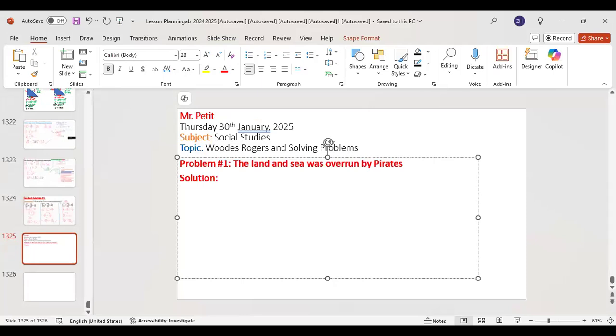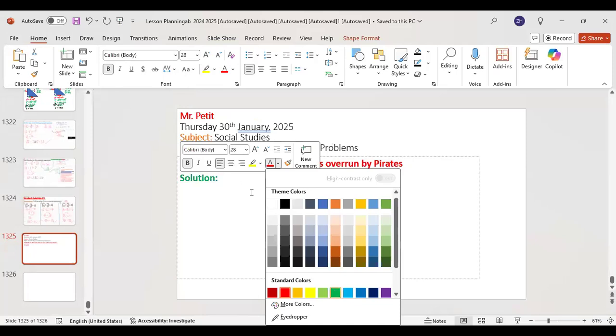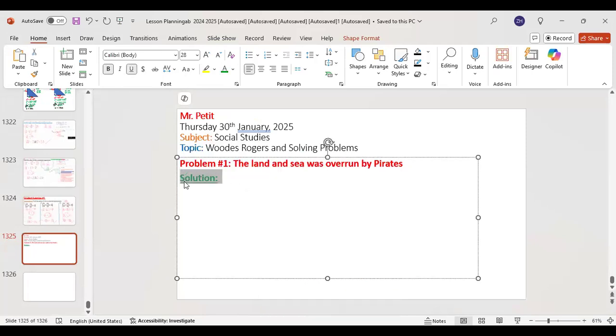To kill them or fight them off? Well, the first thing that he did was he offered them, anyone who was willing, a pardon. What does a pardon mean? To excuse them from all their crimes? Yes, a pardon means if you accept it, you will be forgiven.